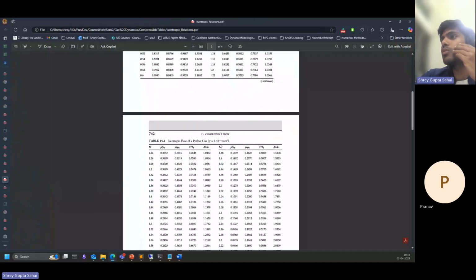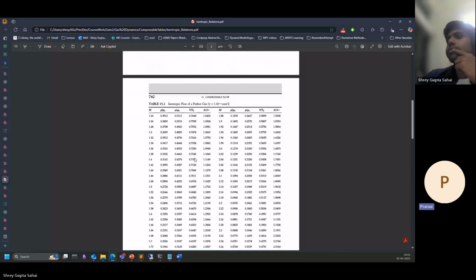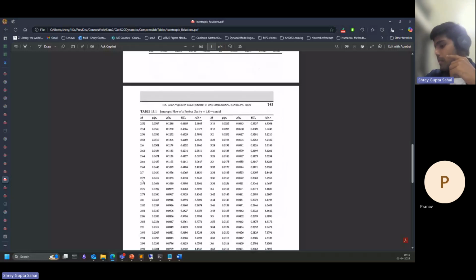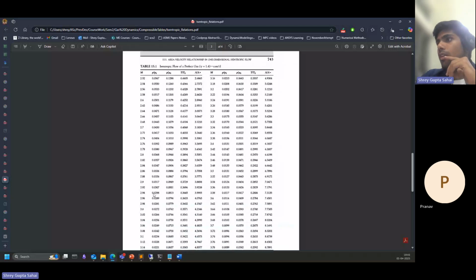Oh, sorry, it's not 0.29, it's actually 0.212 bar. The order is the same only, no? The Mach number is 2.94, right? 2.95. So with P by P naught, maybe you can get a good value.